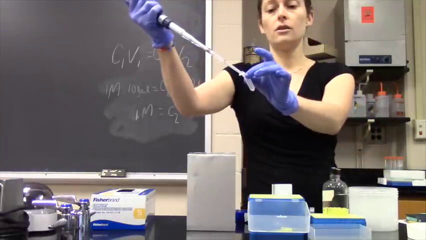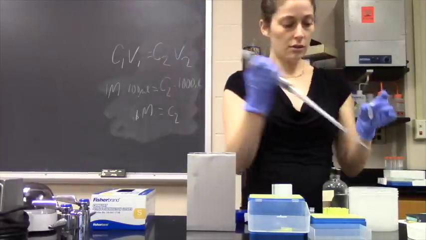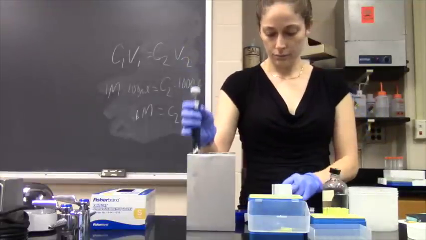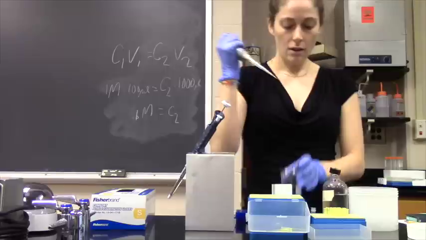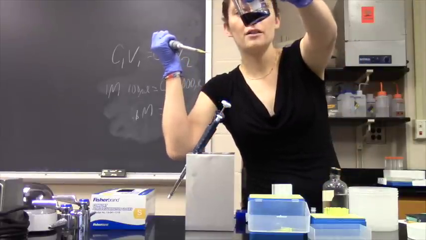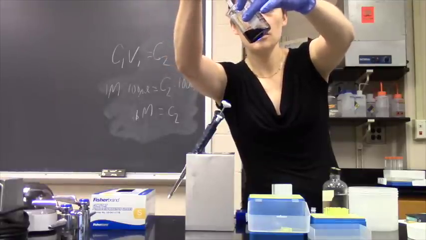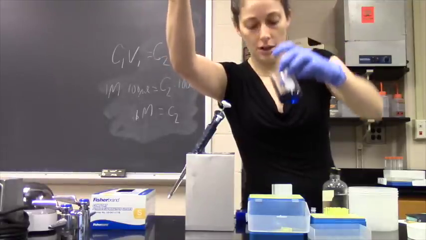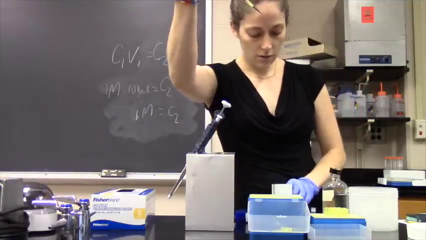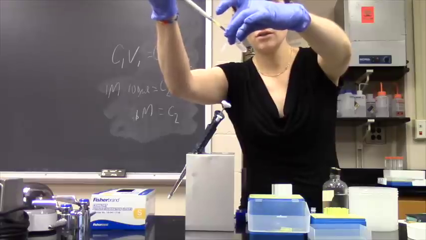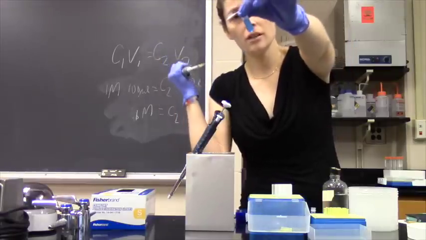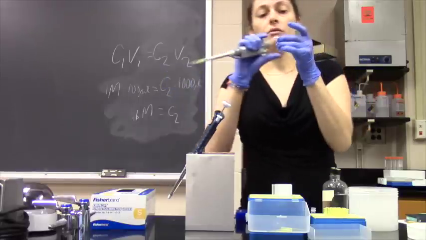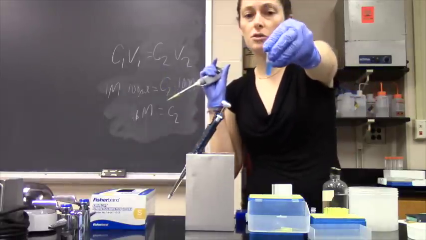All right, so I've got 900 microliters of water. Now here's my starting deep dark blue solution. Take 100 microliters of it, mix it with 900 of water, and we get this pretty light blue solution. We've just done a dilution.